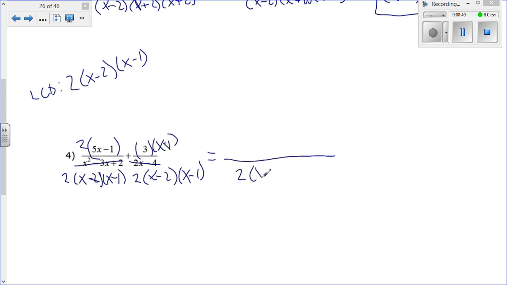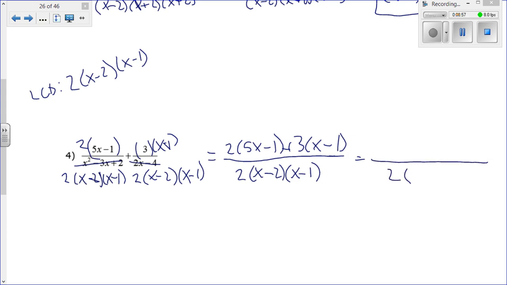So I have 2, x minus 2, x minus 1, and 2 times 5x minus 1 plus 3 times x minus 1. So when I distribute, I will have 10x minus 2 plus 3x minus 3.